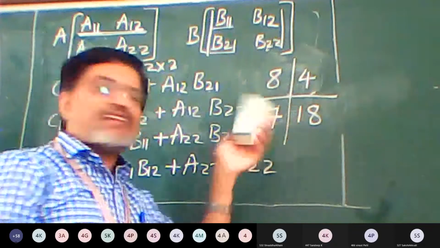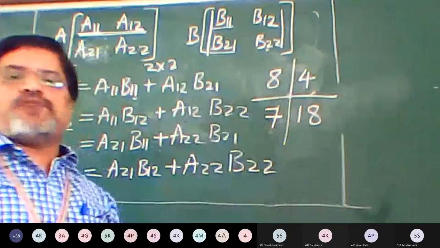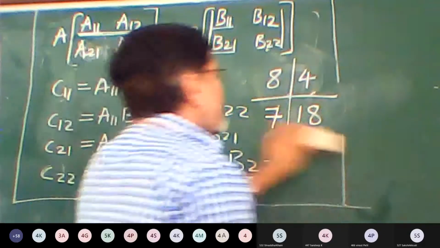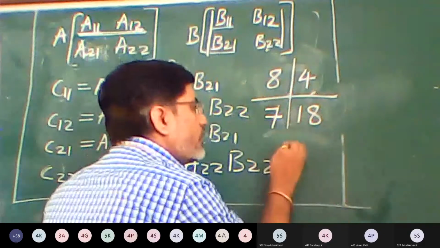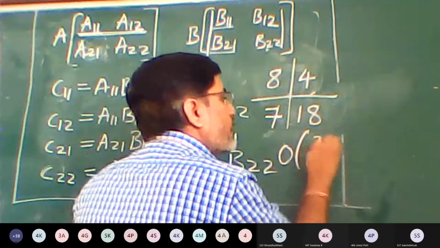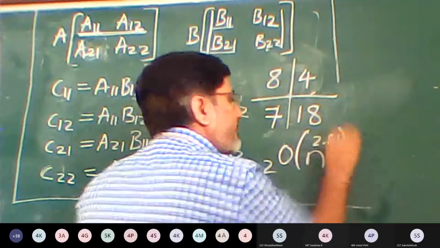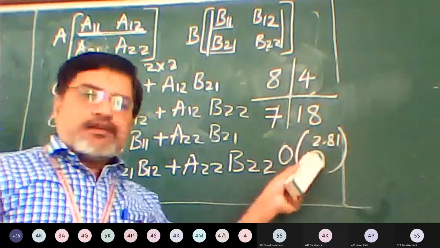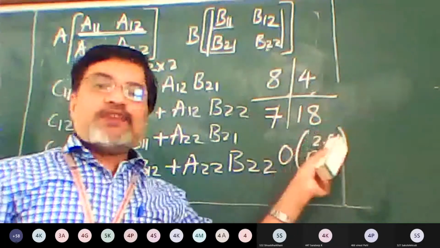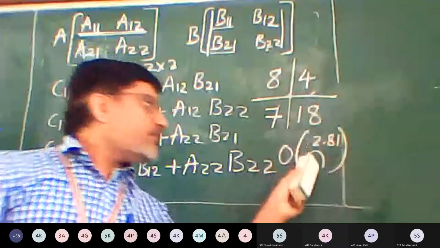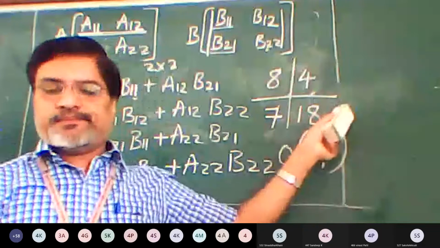If the formulas proposed by Strassen are applied, the time complexity was brought down to big O of n to the power of 2.81, which was much less than n raised to 3.